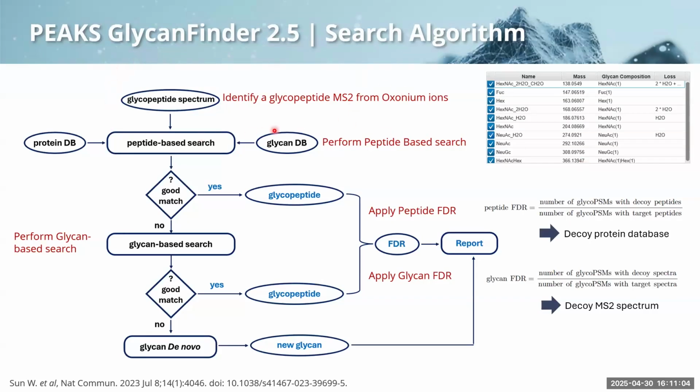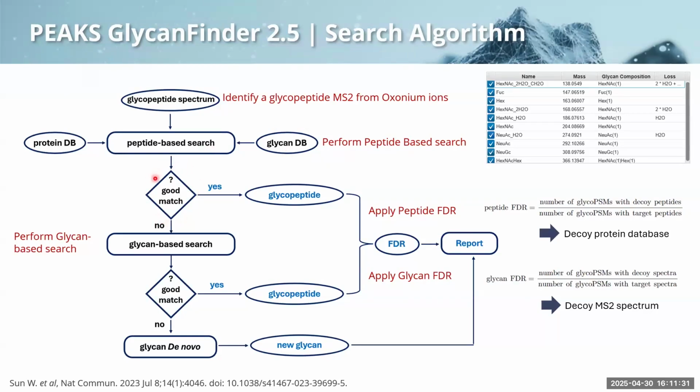The next step, once it's been decided that it is indeed a glycopeptide spectrum, it will go through a peptide-based search. Some will refer to this as a peptide-first search. And this is where we attempt to match the peptide fragments to a protein in the database initially. And then once we have a peptide candidate, it will move on and try and match the glycan fragments to a glycan database.